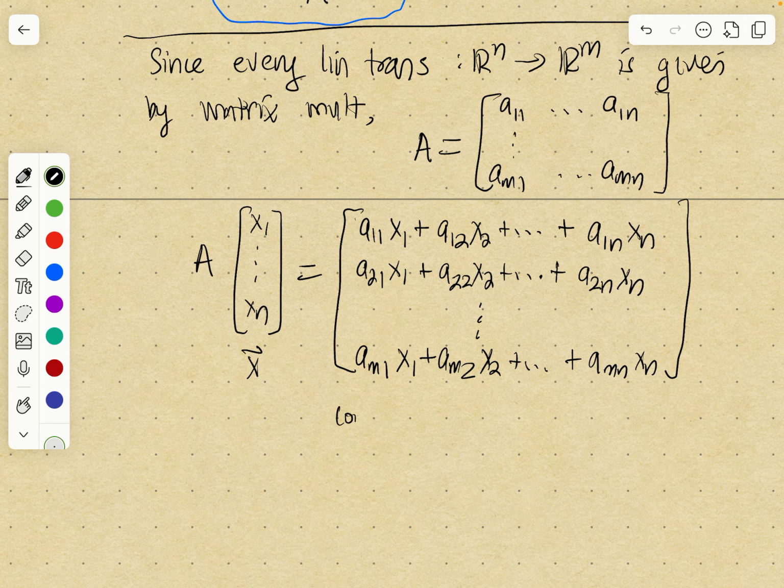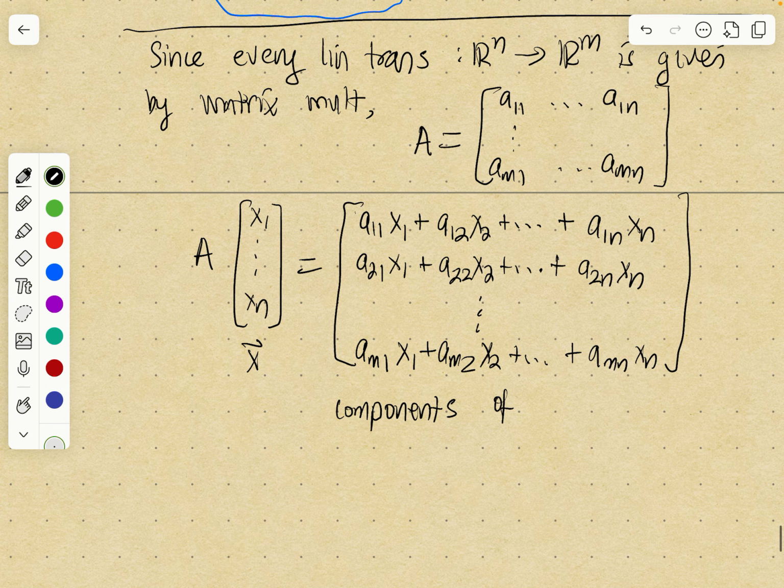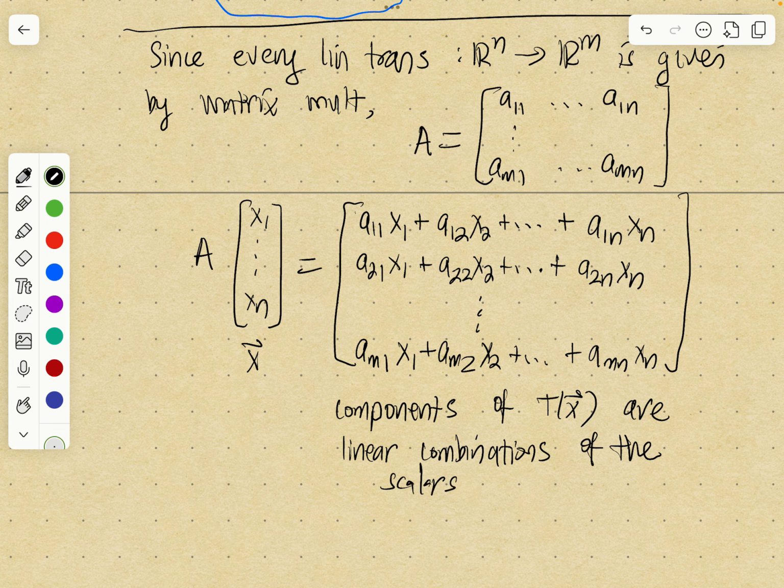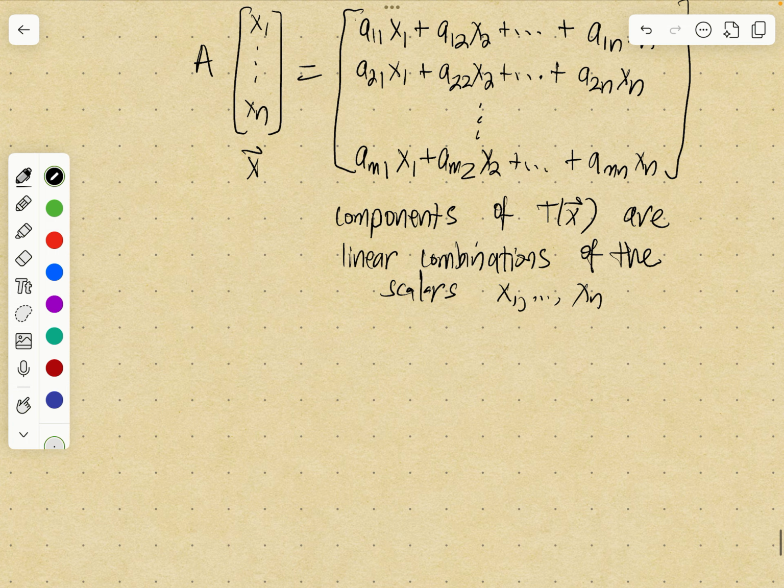The components of the output are linear combinations of the scalars x1 through xn.